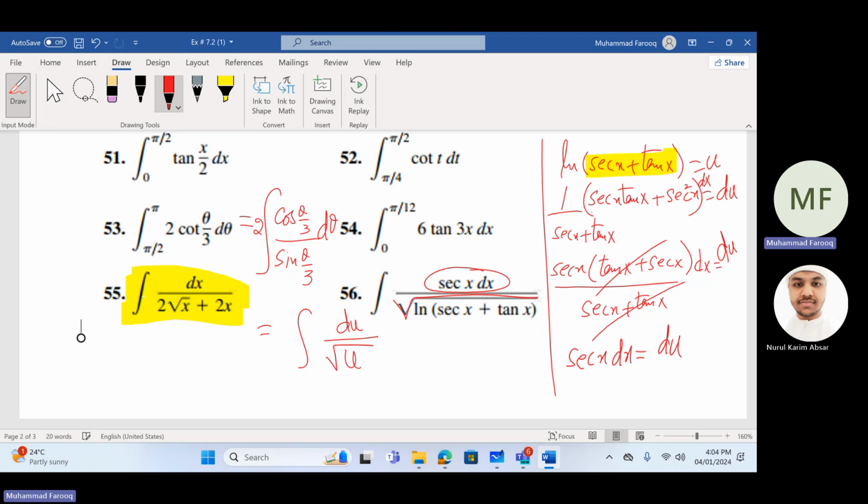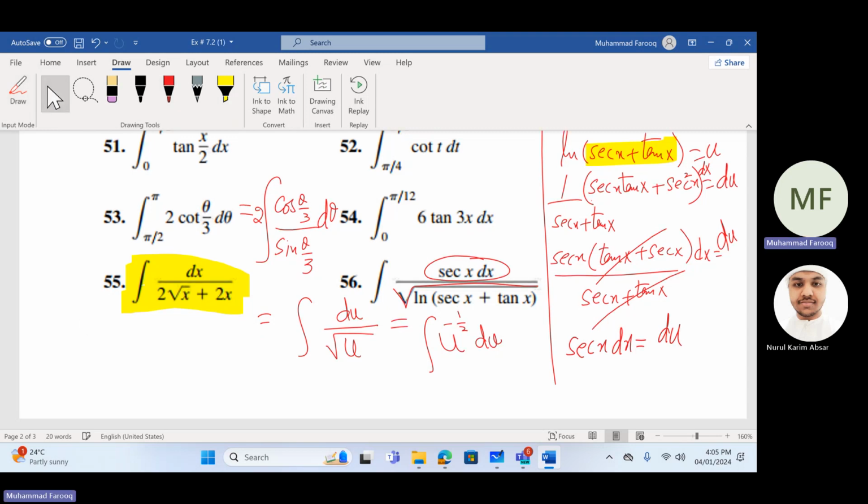You know very well we already integrated this: the square root means take it up, so it becomes u to the power negative half. Now use the power rule: n plus 1 divided by n plus 1.